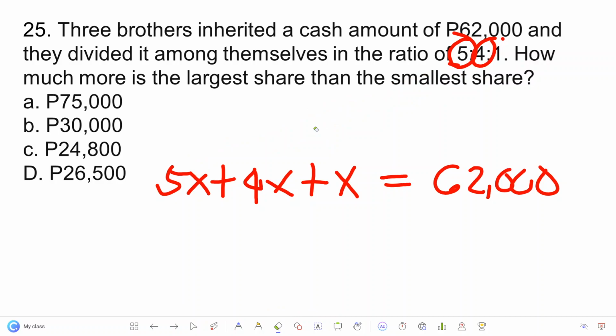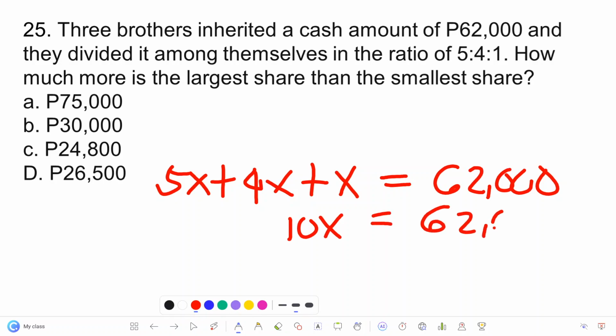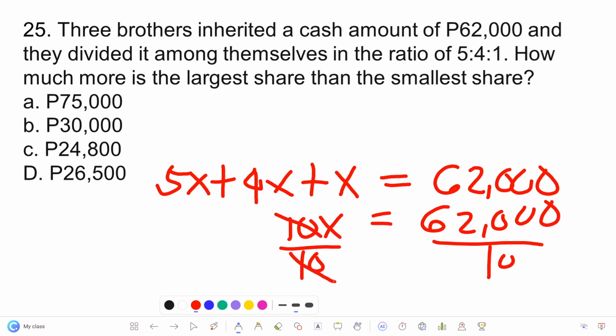Okay? So yan, ganyan kasimple ang mag-represent. Now, you just have to solve this by adding like terms. So 5 plus 4 plus 1, you will have 10x is equal to 62,000. Divide by 10, 10 divided by 10. So, magtatanggal ka lang ng isang zero dito. So, x is equal to 6,200.